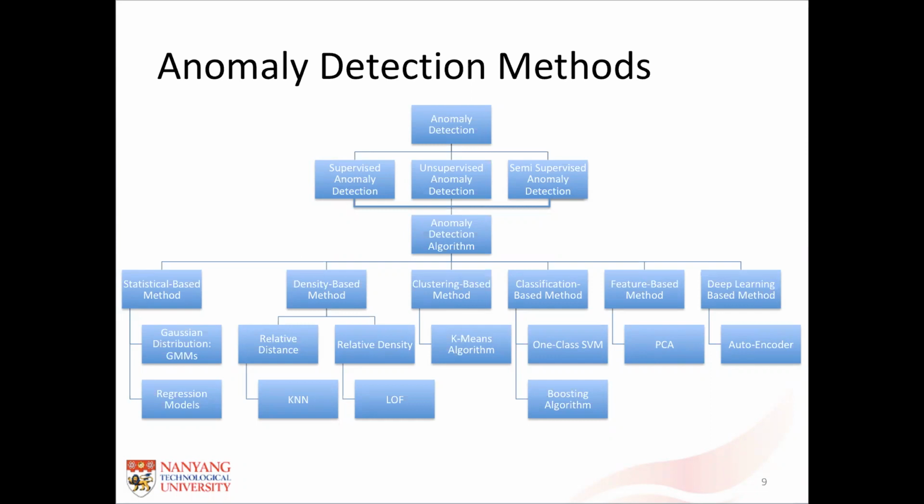For the algorithms, we can use purely statistical methods, like Gaussian distributions, or distance-based methods, where the most commonly used is the KNN model. Then there are clustering-based and classification-based methods, where we know whether there is an attack or not. Then feature-based: we extract the features of the raw time series, then pass them to another classification model to decide if there is an attack or not.